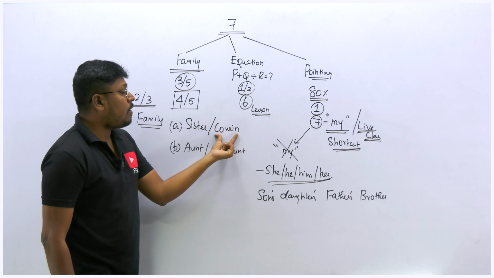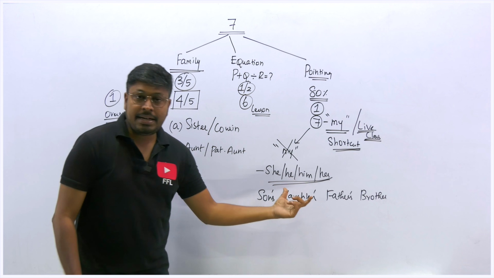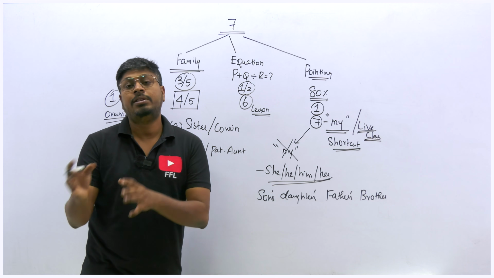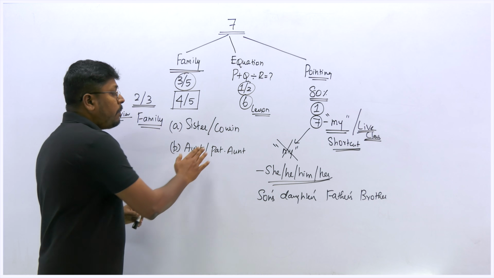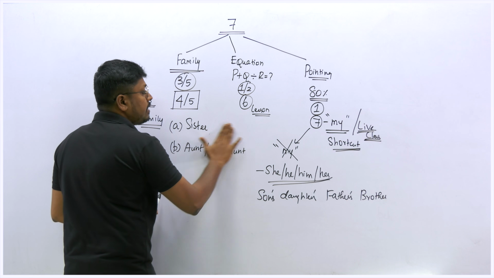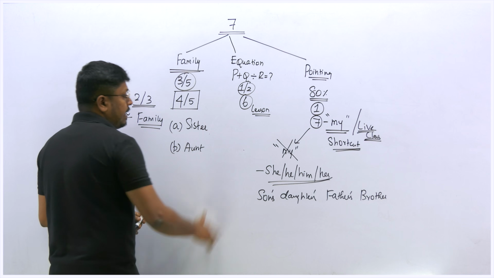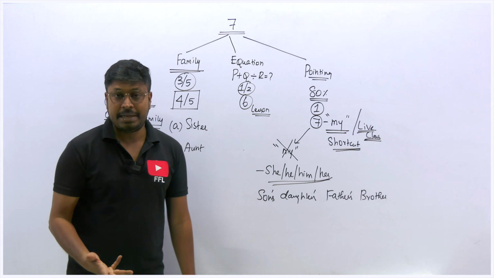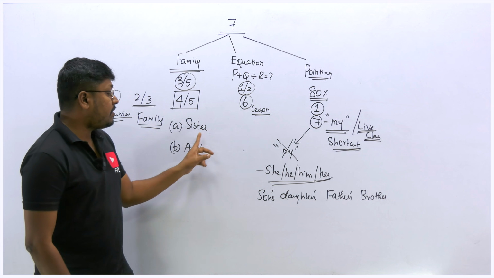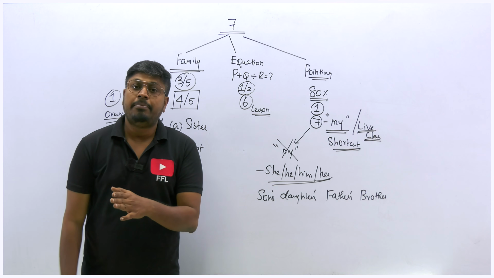Either it can be sister or it can be cousin. So while drawing a tree diagram also, you have to draw all the possibilities. If in the options you have only one thing, like option A sister, option B aunt, then you don't need to draw any possible diagram, because the exact answer is given in an option. So don't go with any possibilities.